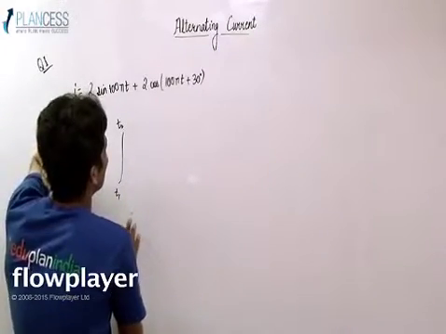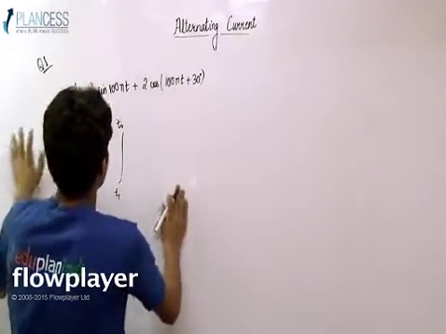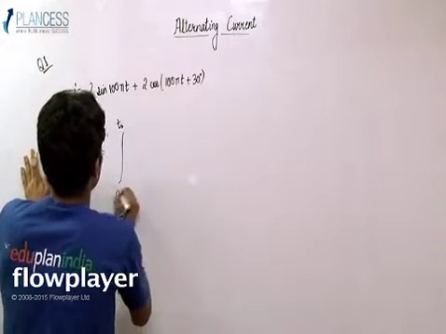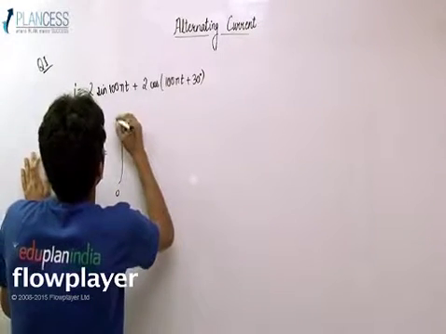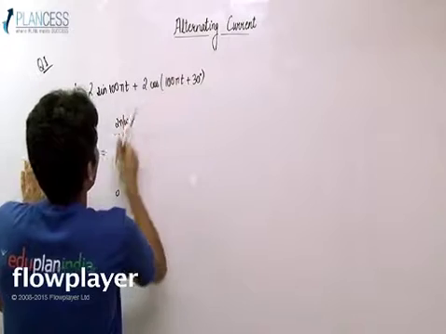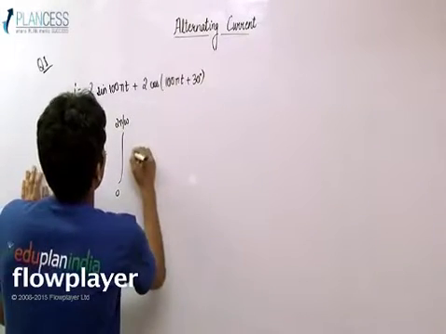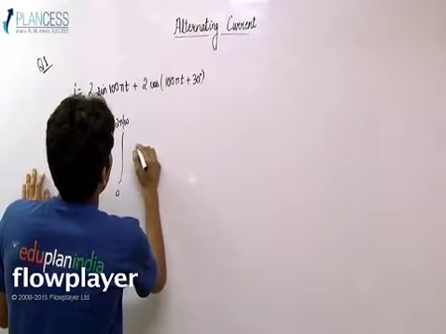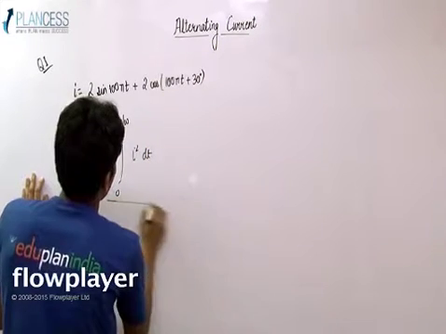Since omega 1 and omega 2 are the same, I can write this as 0 to 2 pi by omega, where omega is 100 pi. So I can write that you have to integrate I square dt upon the interval.